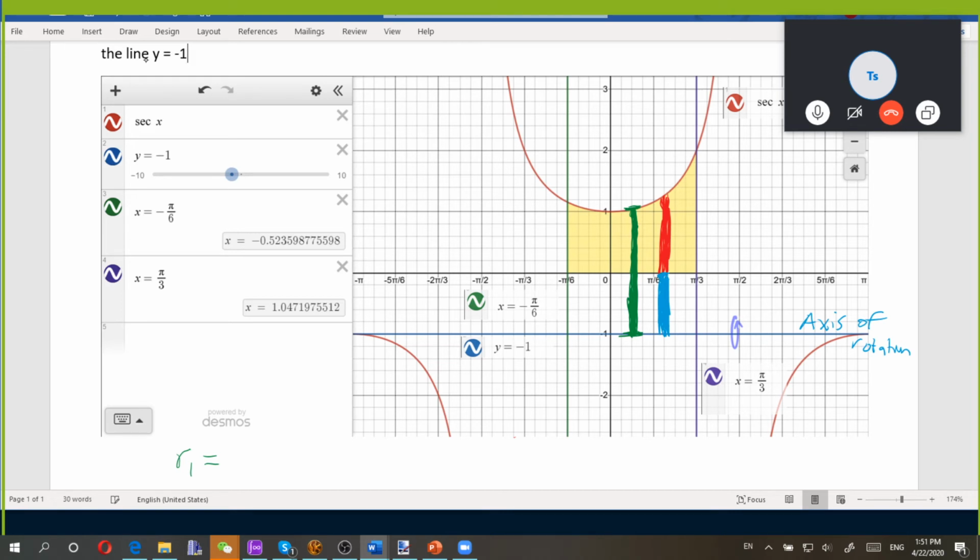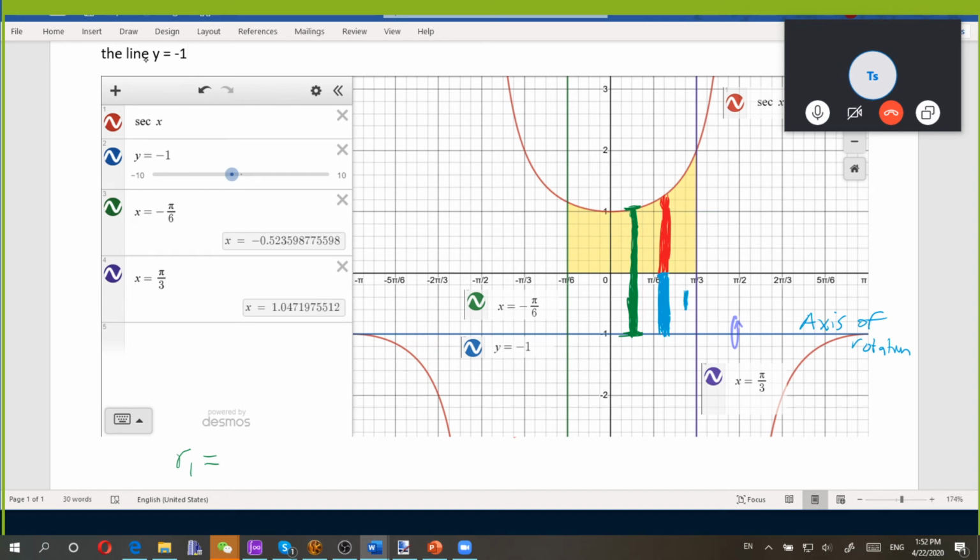This blue line is my distance from y equals 0, that's my black line, to y equals -1 here in blue. So how much is this light blue line? Just 1. I'm looking for a distance.